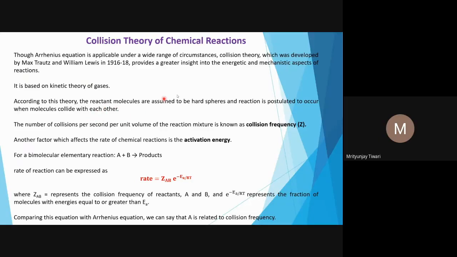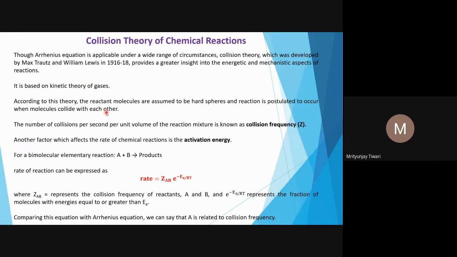So according to this theory, one assumes reactant molecules as hard spheres, and a reaction is postulated to occur when molecules collide with each other. These hard spheres are of different shapes and types because they are different molecules, and when they collide with each other, the reaction happens. The number of collisions per second per unit volume of a reaction mixture is known as collision frequency.